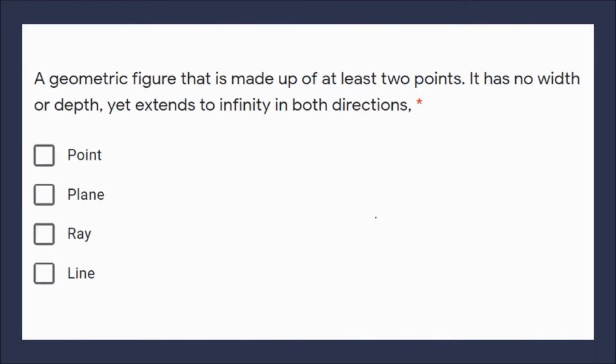Next question. A geometric figure that is made up of at least 2 points. It has no width or depth, yet extends to infinity in both directions. Is this a point, a plane, a ray, or a line? Give the students time to answer.